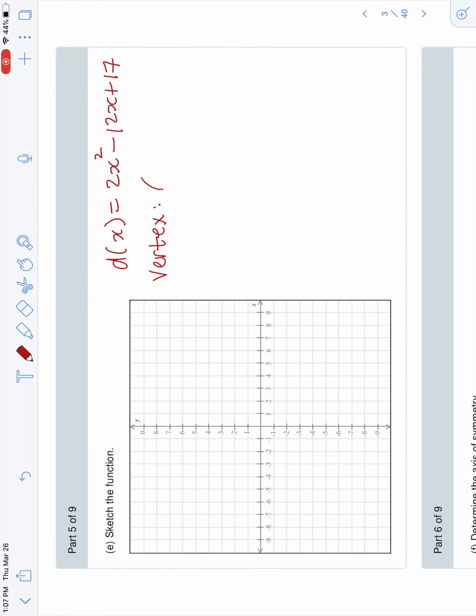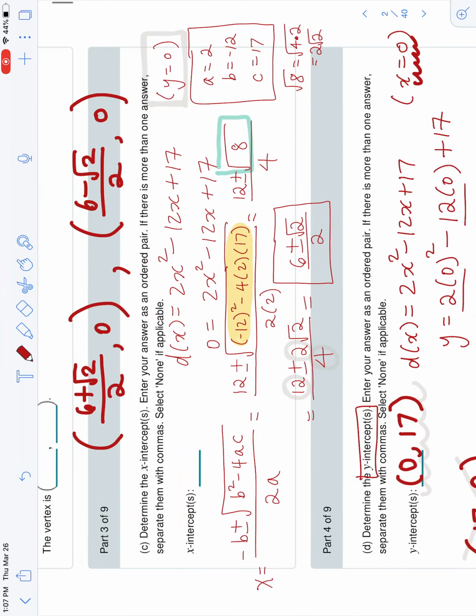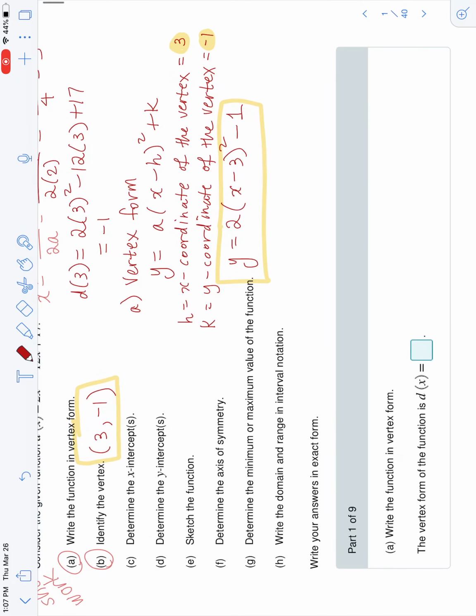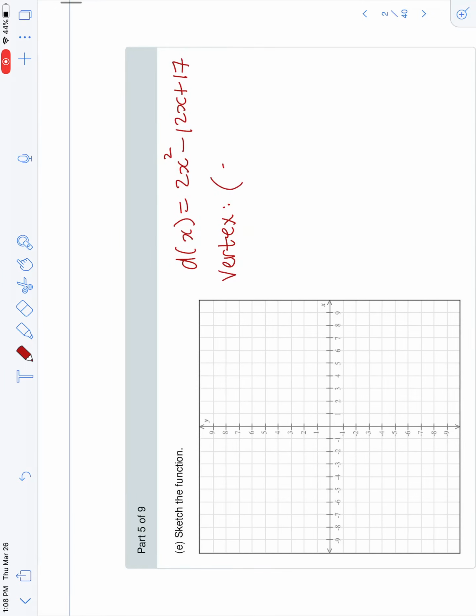And let me write down what we know already, the vertex. The vertex, guys, I forgot. Let me go up and look it up. The vertex was at 3, -1.